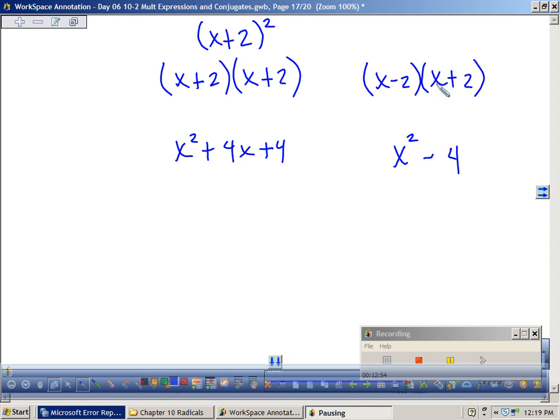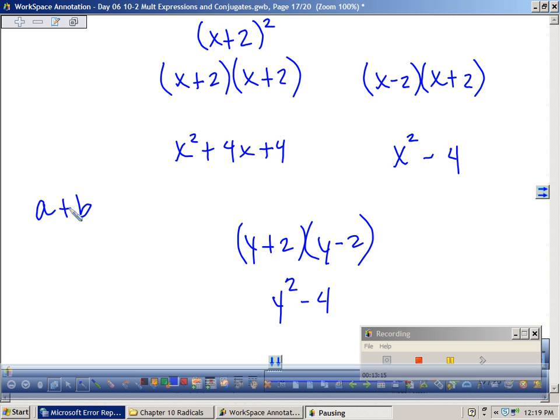Remember this? We're going to use this same approach. Okay, let's do another one. So if I had y plus 2 times y minus 2, what would be the difference of 2 squares? Y squared minus 4. A plus b times a minus b, what would that one be? A squared minus b squared.